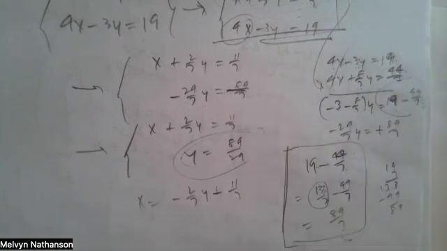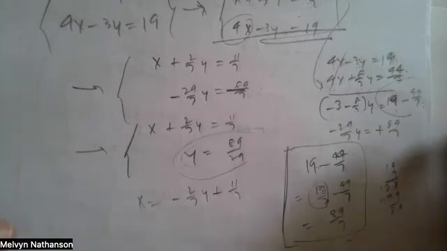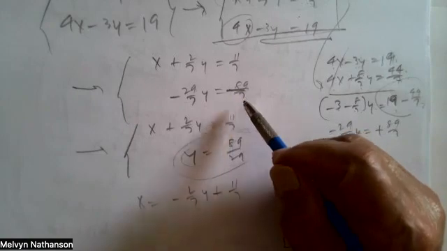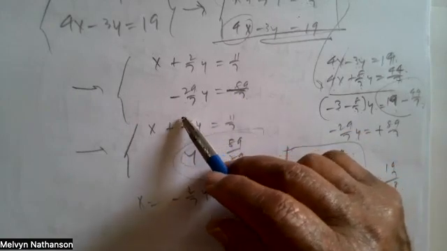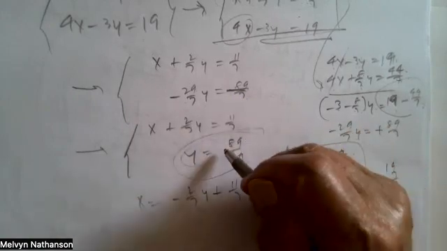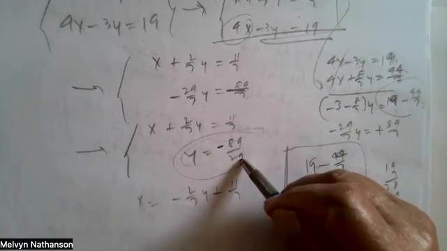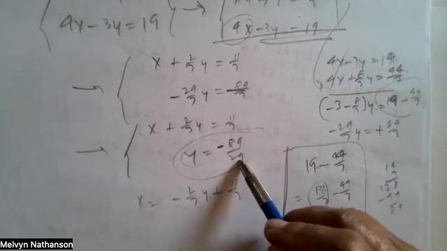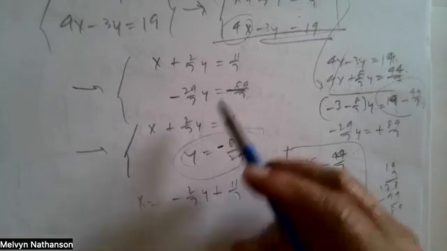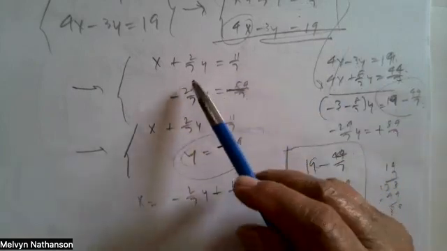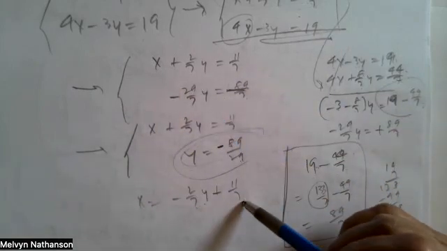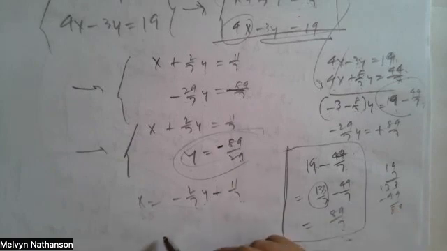Okay. So this is 89 over 7. If I multiply by minus 7 over 29, I get minus 89 over 29. So that's what my y is. And then x from any one of these equations is minus 2/7 y plus 11 over 7.